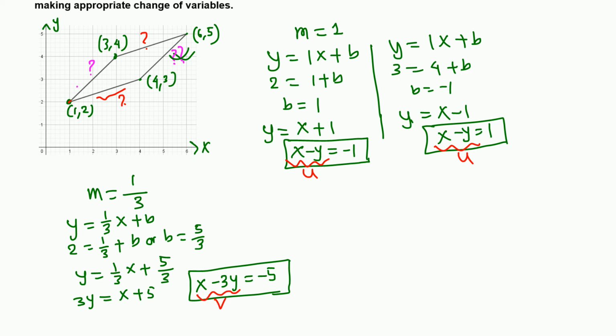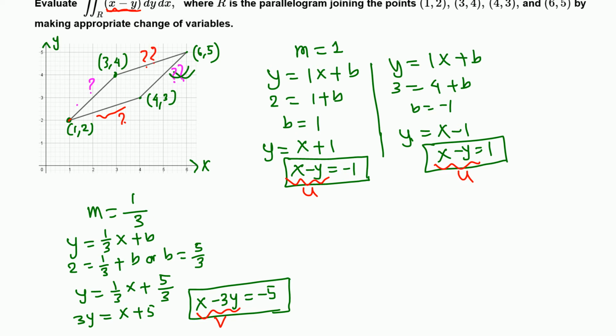So we have to find the equation of this line, which will have the same slope as this, 1/3. So y equals 1/3 x plus b, and the top line here passes through (3, 4) or (6, 5). It doesn't matter which one we use. (3, 4), so 4 equals 1/3 times 3 plus b.